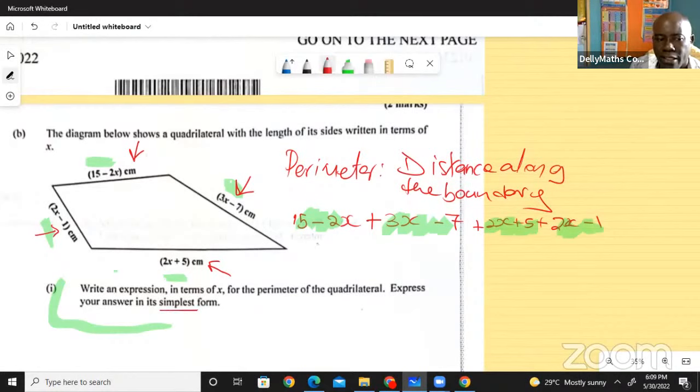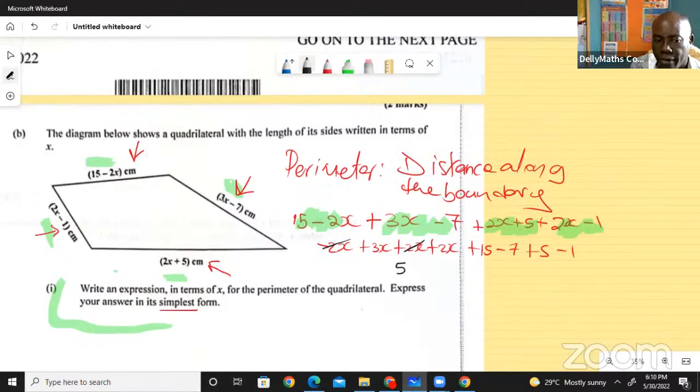So let me collect the like terms. We have a negative 2x, positive 3x, positive 2x, and a positive 2x again. Then we have a positive 15, a minus 7, a plus 5 and a minus 1. Definitely you will see that the negative 2x and the positive 2x cancel themselves fully.